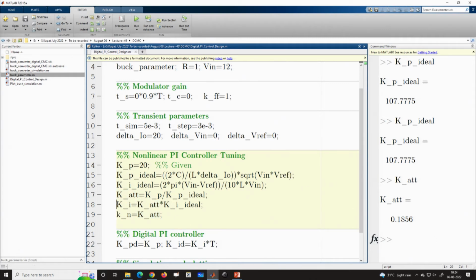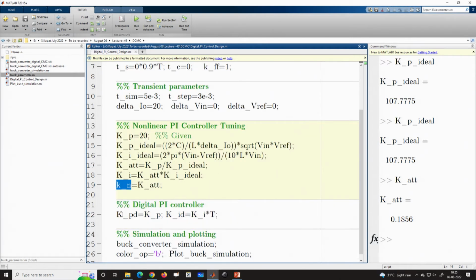Then what we have to do? The actual integral gain will be the attenuation factor times the gain computed by our tuning formula, and the ideal proportional gain is also calculated using our tuning formula, and Kn is the normalized gain for the current loop consisting of inductor current minus load current.